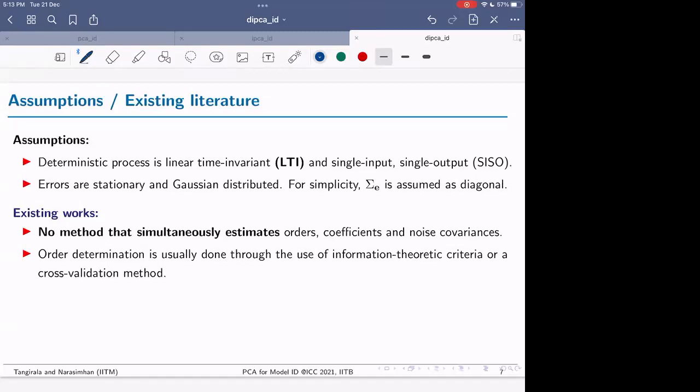There are a few methods that assume order is known, and then they estimate the coefficients and noise covariances and so on. So it is basically one of these is assumed to be known, while the other two are estimated. And typically, order determination is done through the use of information theoretic criteria. Now, order determination is a problem that is unique to dynamic model identification.